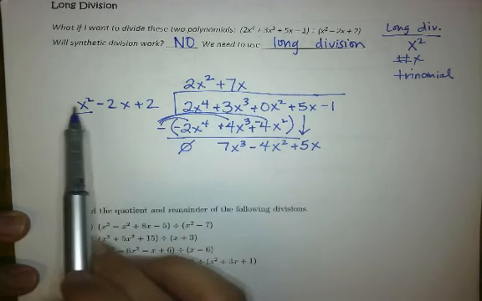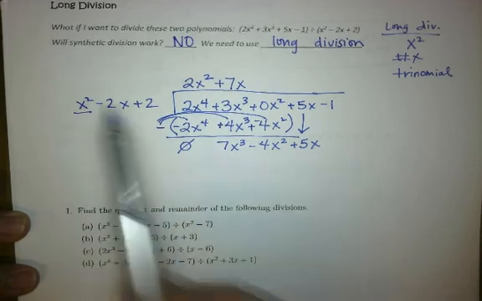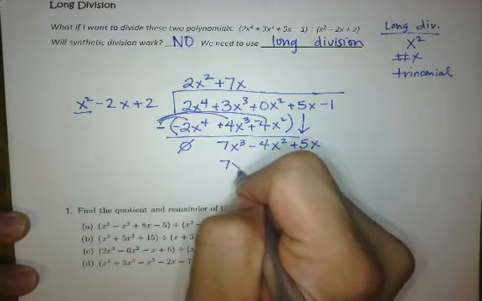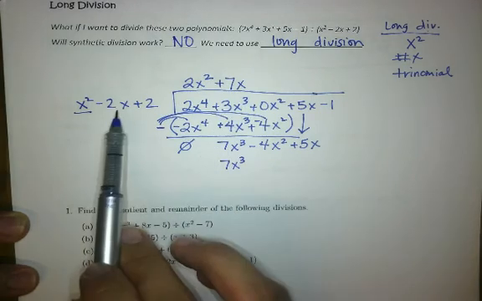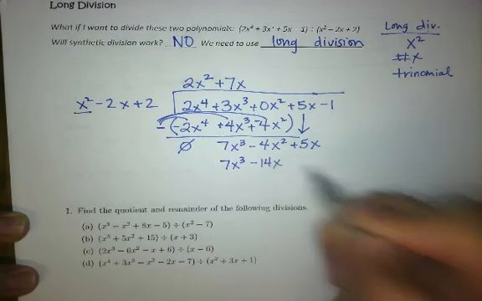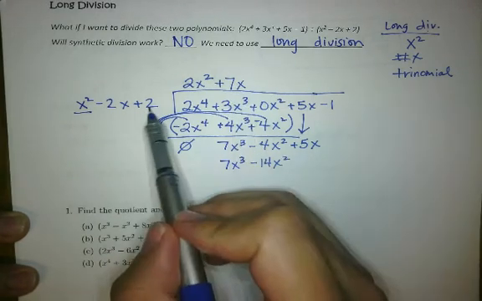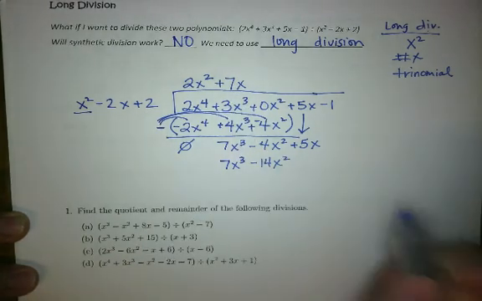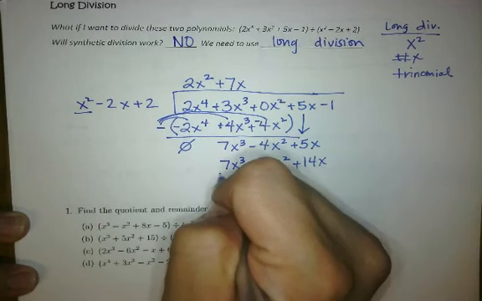So now I take this 7x and I multiply it times these three terms. So 7x times x squared gives us 7x cubed. 7x times negative 2x gives us negative 14x squared. And 7x times 2 gives us 14x.